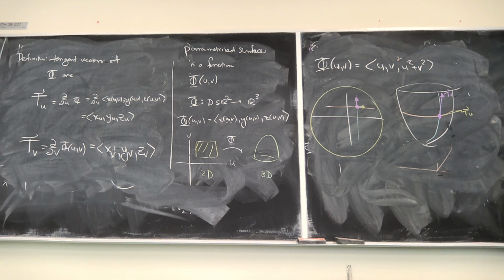Now, two vectors have an interesting property, which is if they're not parallel, they form a plane. In fact, since these are both tangent vectors, they sit in the tangent plane to the surface. Tv and Tu sit inside of a tangent plane. Well, that's pretty nice. Tangent planes are good for local approximations.